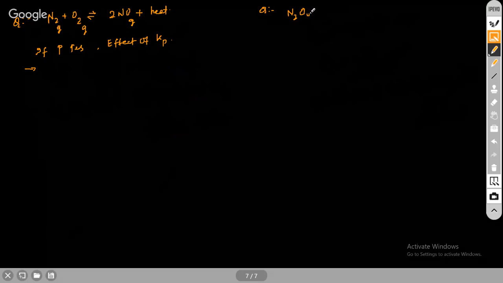One more question, let me write it down. N2O4 gas gives 2NO2. At a fixed temperature, the volume of the reaction container is halved.